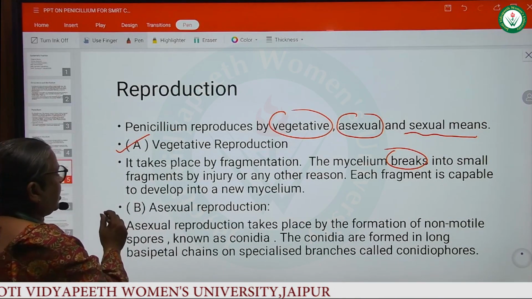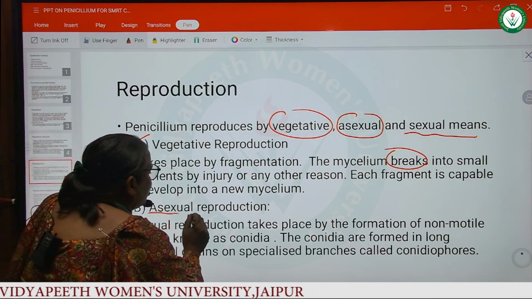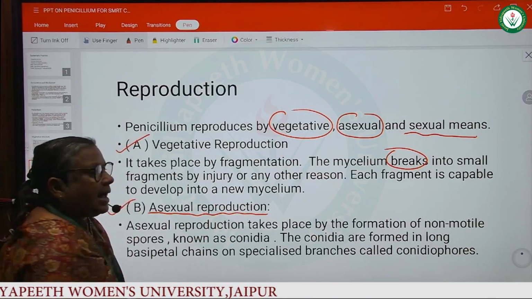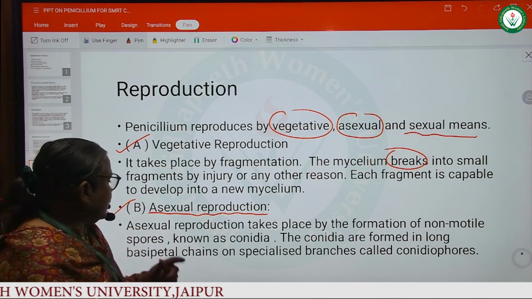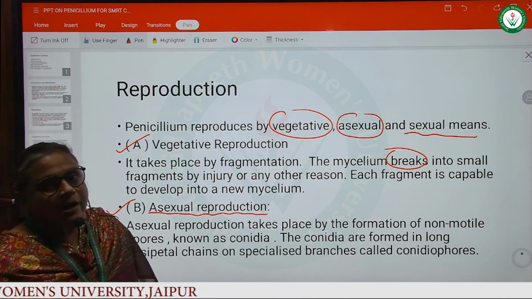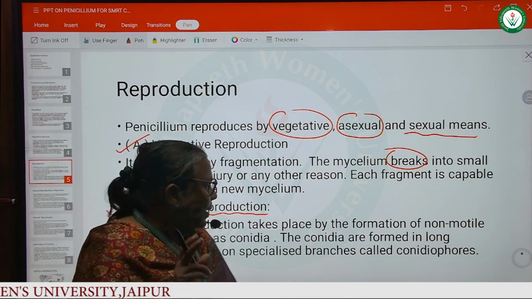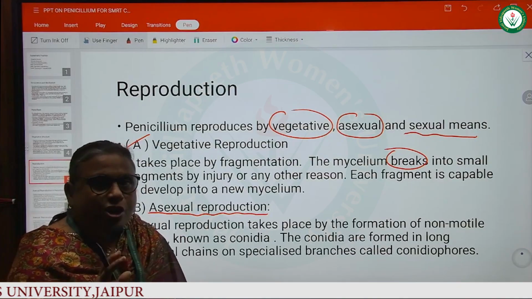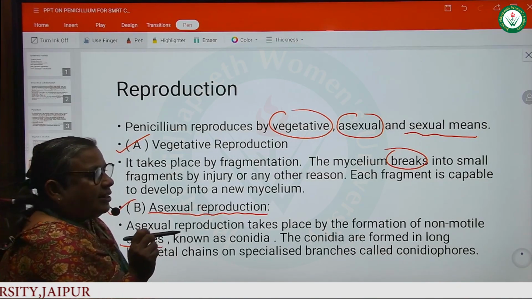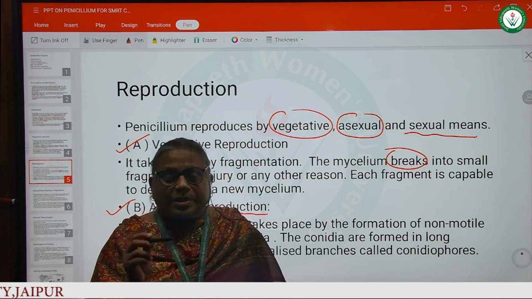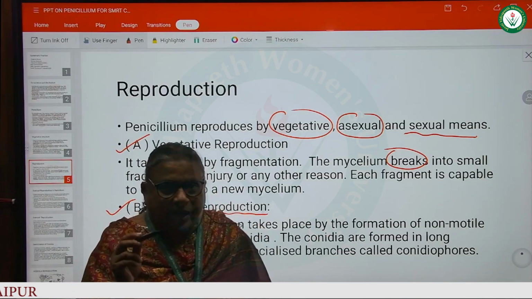Now I talk about how asexual reproduction occurs in the fungus Penicillium. Asexual reproduction takes place by the formation of non-motile spores, and these non-motile spores are called conidia.